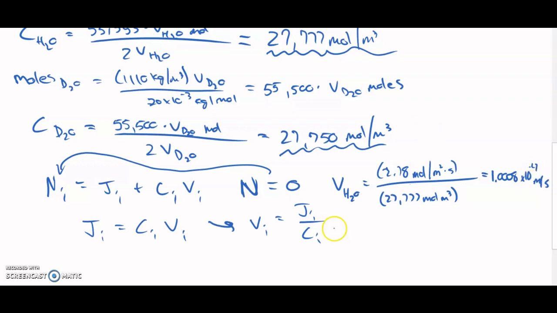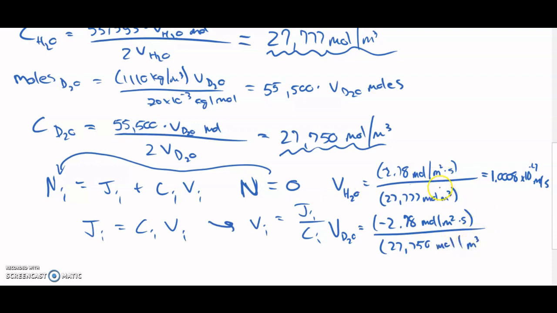And then we repeat that for D2O. So the velocity of D2O is equal to negative 2.78 moles per meter squared times second over 27,750 moles per meter cubed.